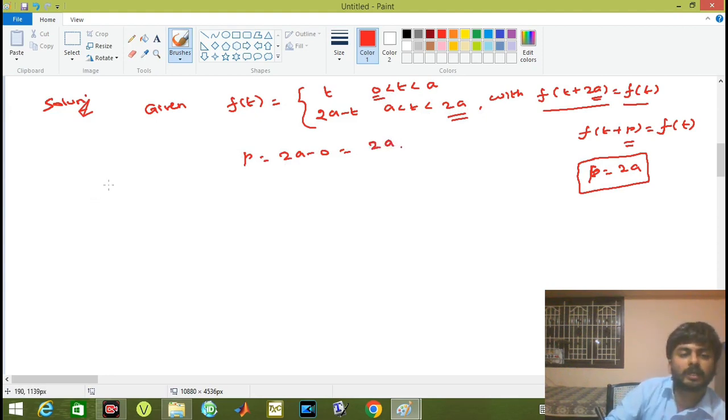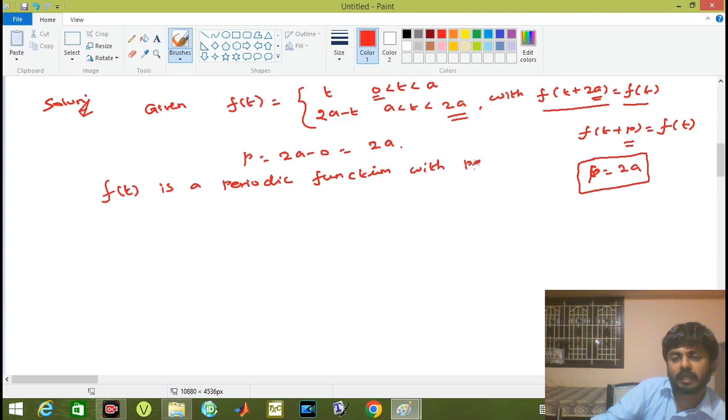So you can write f of t is a periodic function with period 2a in the interval, what interval?